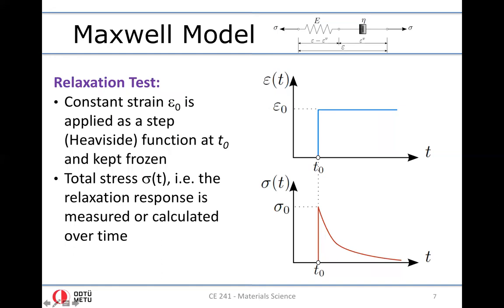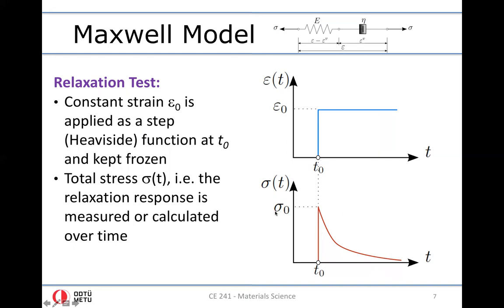Okay, so let's consider another important test, which is the relaxation test, in which we increase the strain at a certain time, let's say t0, to a finite value epsilon 0, and keep it constant. During this strain-controlled experiment, what we monitor is the stress as a function of time.